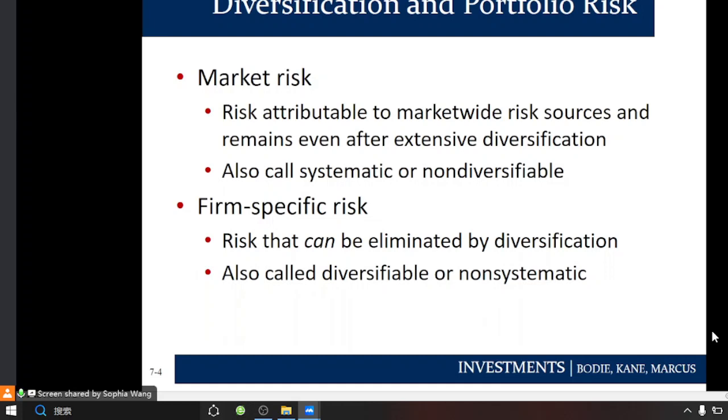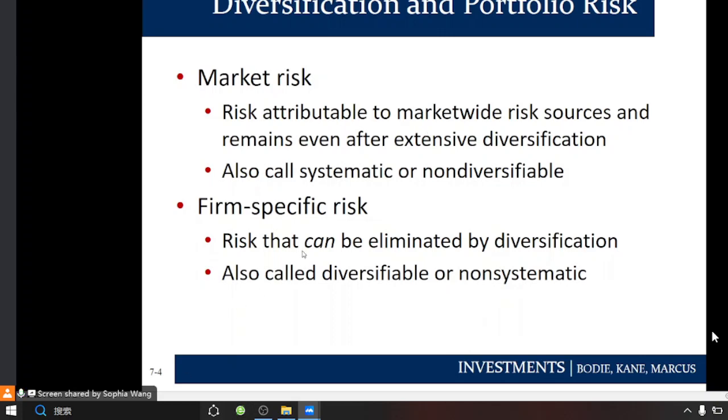But market risk means the market situation is really bad. So even if you have enough diversification of your assets, it still has a very high risk, and you cannot control the markets. So it is also called systematic or non-diversifiable risk.